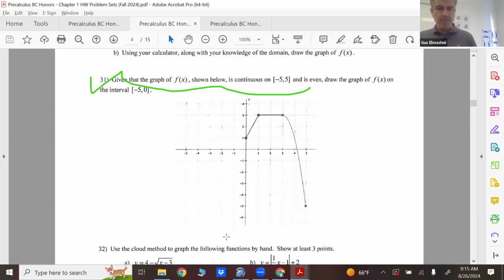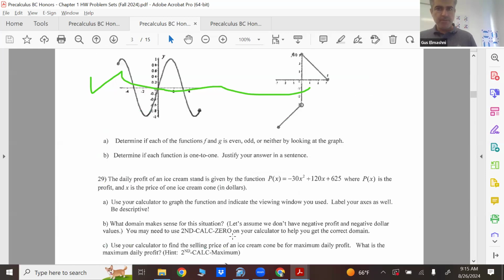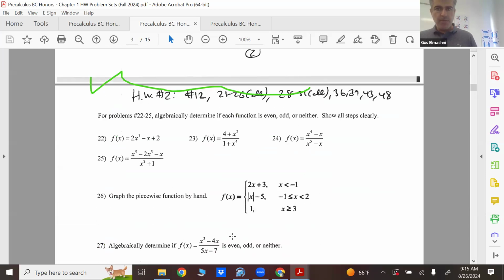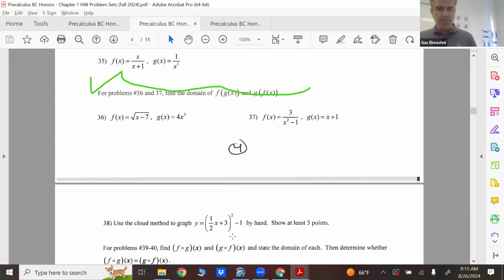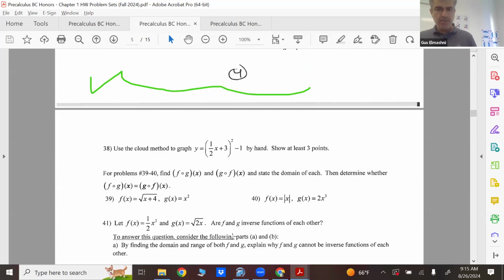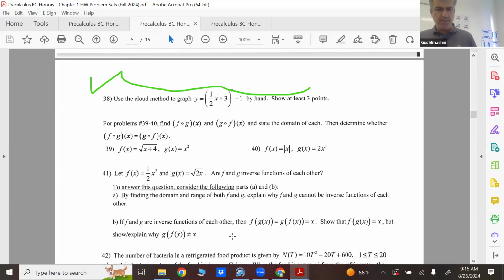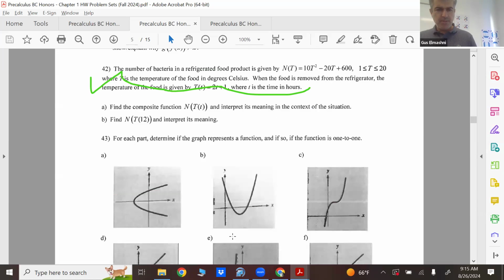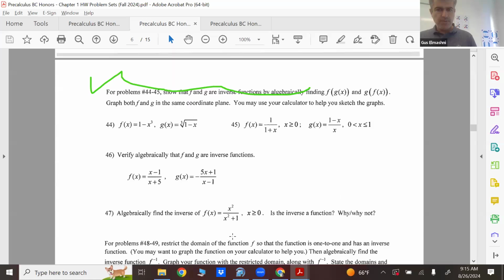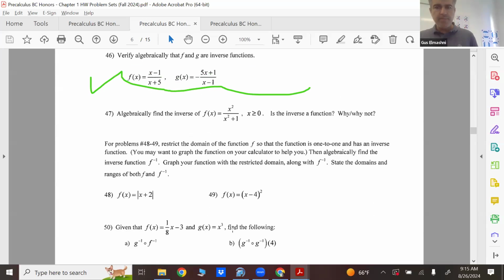Domain. And then 36, 39, 43, 48. Yeah, composites. Yeah, there we go. I think we're good.